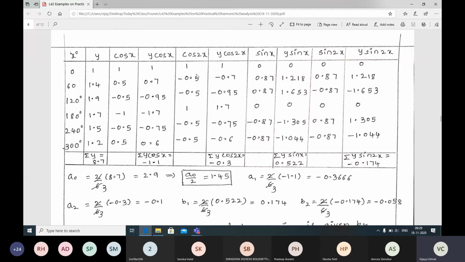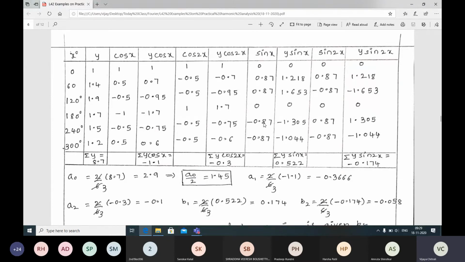The y values are here, the cos 2x values are here. 1 into 1, 1. 1.4 into minus 0.5, minus 0.7. 1.9 into minus 0.5, minus 0.95. 1.7 into 1, 1.7. 1.5 into 1, 1.5. 1.2 into minus 0.5, minus 0.6. So the sum of all y cos 2x values here we get as minus 0.3.